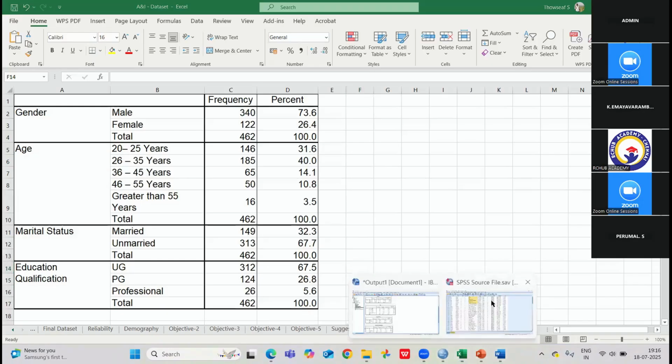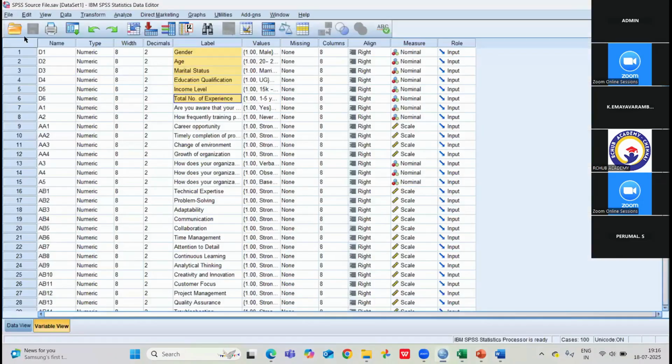For descriptive statistics, let me open a new data set.